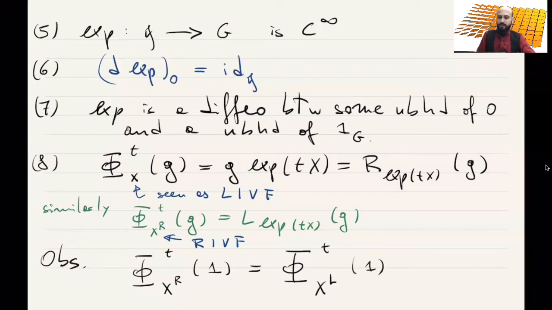So the right invariant extension of a vector and the left invariant extension of a vector are different unless the group is commutative. These are two vector fields, but it's interesting that they have the same flow lines when they start from the identity of the group.